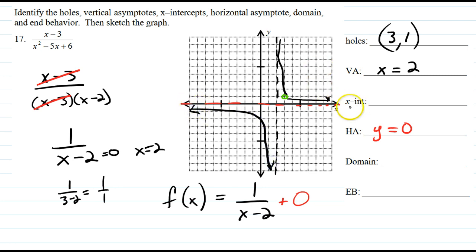And so the question is looking for an x-intercept, and since the horizontal asymptote is 0, it's never going to touch the x axis, so it's NA.